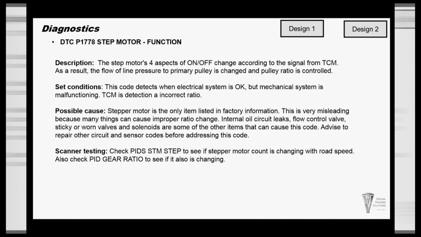If it's a circuit code, do the test like I said I did on the last 2 pages. If it's a function code, it's not the stepper motor. Most likely you have a problem with the flow control valve sticking and a ratio control issue, because it's not changing ratios, more than a stepper motor itself.